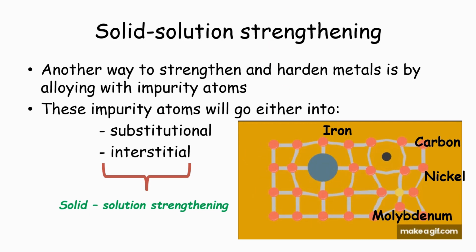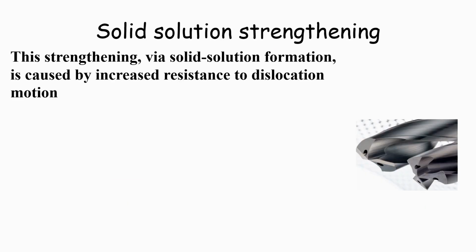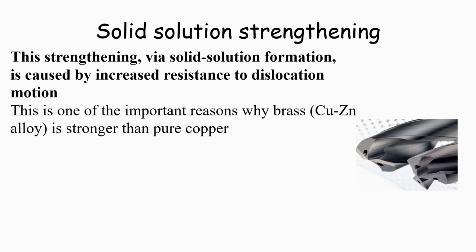For example, brass, a copper-zinc alloy, is stronger than pure copper due to this method. And other than that, we can utilize carbon in steel strengthening. It can form iron carbide that will contribute to the steel strength.